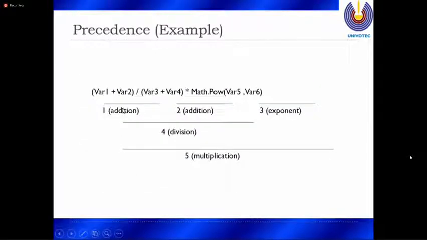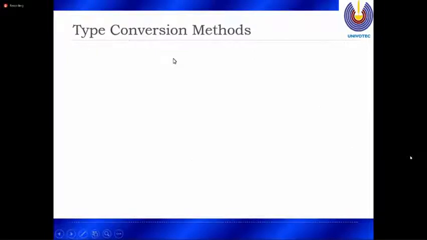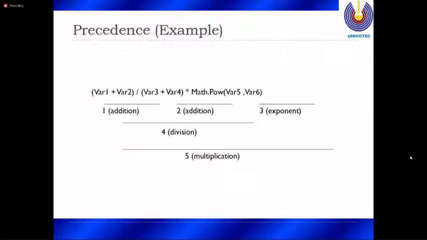Now here is one of the examples. Okay, here we have up to variable 6. 6 variables are there. We use some arithmetic operations. Okay, first we want to complete this bracket. Okay, this is the power exponent.